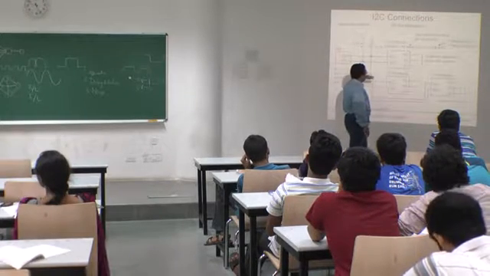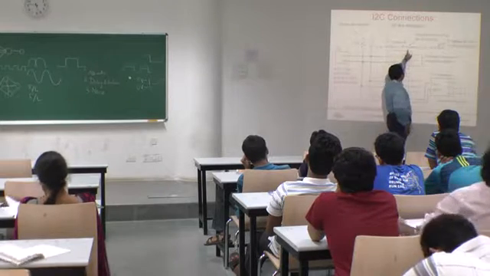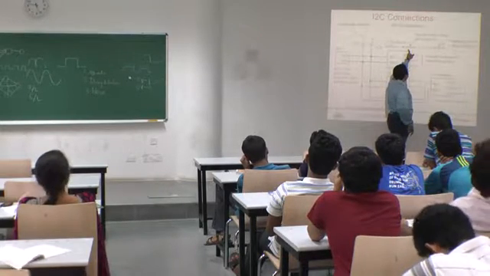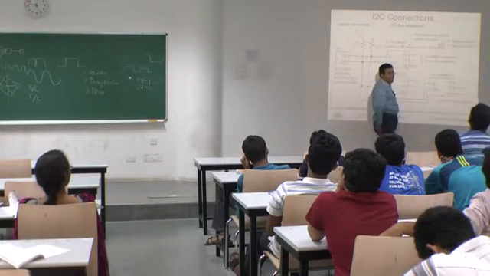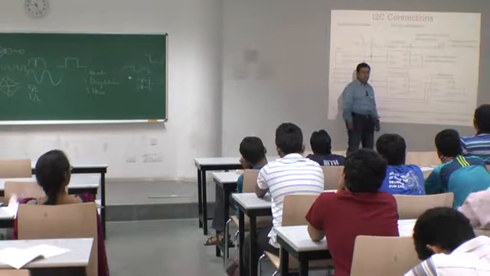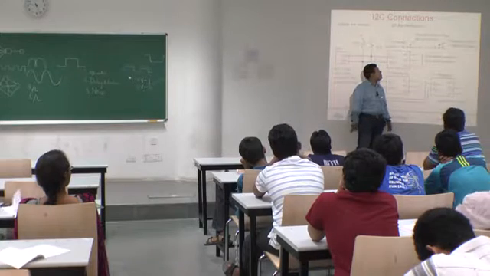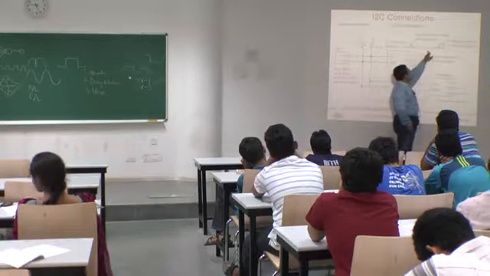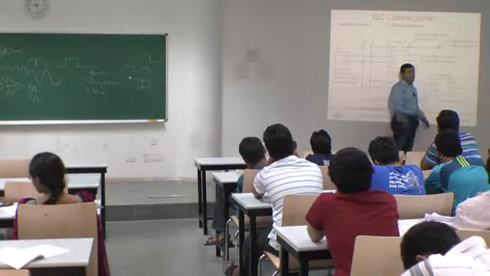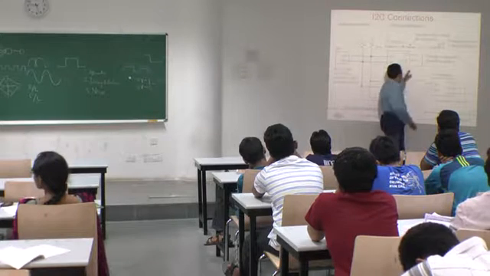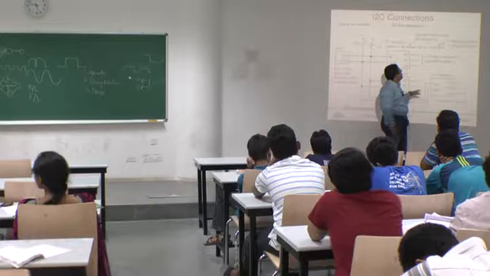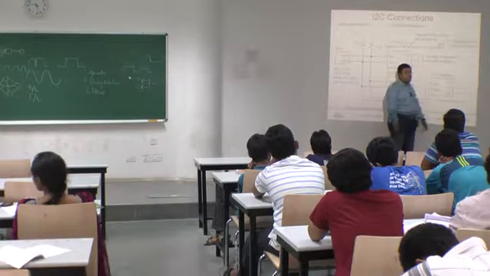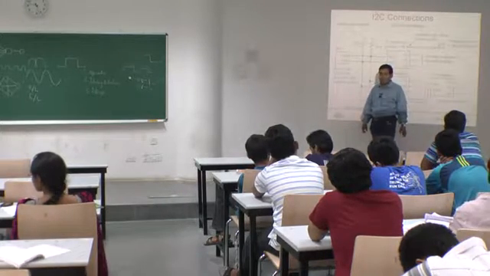Now, if you see the address format, the first 4 bits are encoded within the device and cannot be changed. The next 3 bits you can change according to the way you connect these 3 lines A2, A1, A0, and the last bit indicates a read or a write operation.